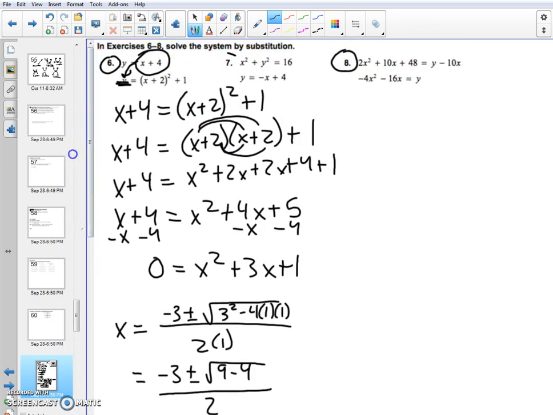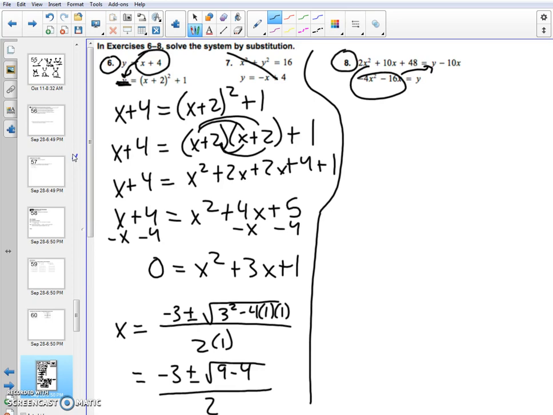We're not going to do number 7, but we are going to do number 8 here then. Okay, number 8's not quite as grueling. So when I look at this, I want to solve by substitution, and I've already got y by itself in that second equation. So what I want to do is substitute this in for y in the first equation.